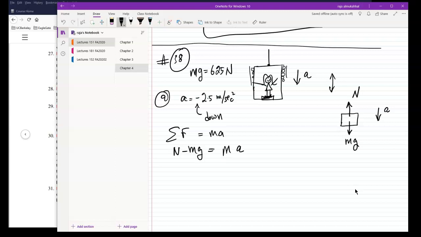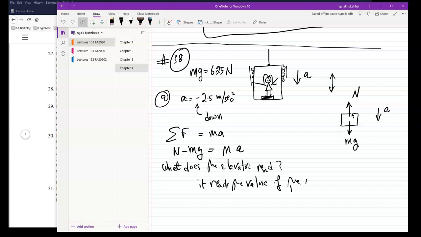And of course the a for us is this number here. Okay, let's plug it in. Again, what does the scale read? It reads the value of the normal.